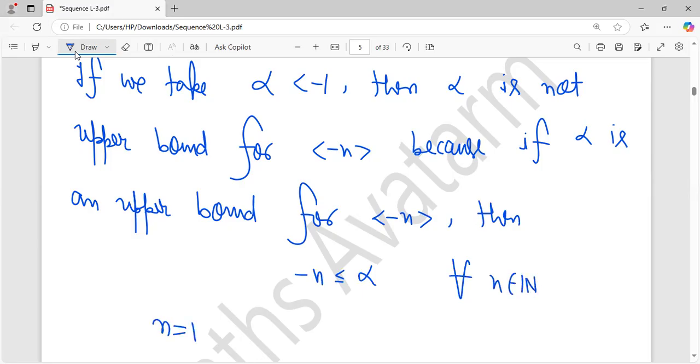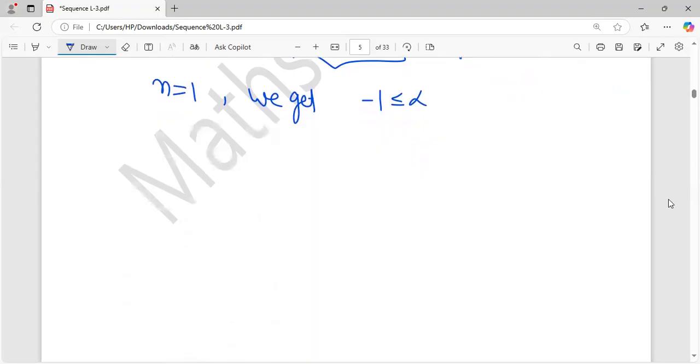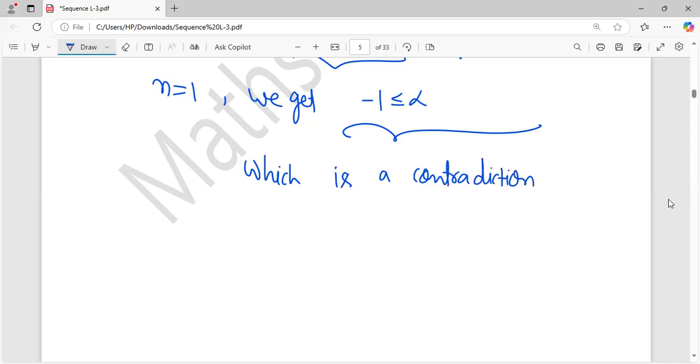Taking n equal to 1, because this statement is true for all n, we get minus 1 is at most alpha, which is a contradiction to the fact that alpha is less than minus 1.